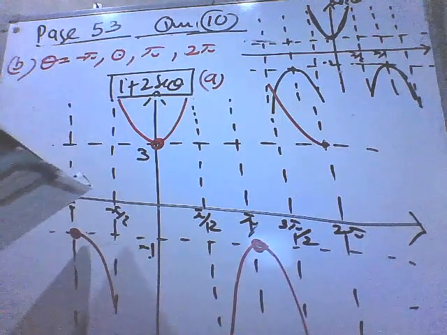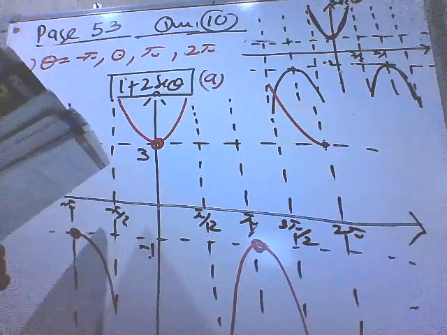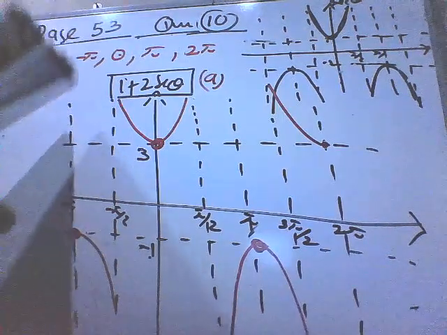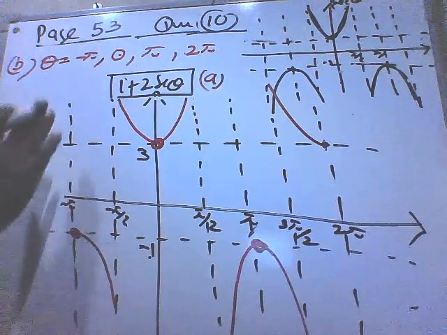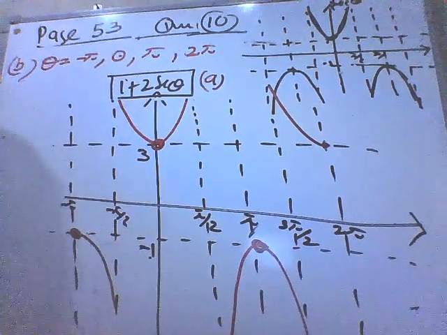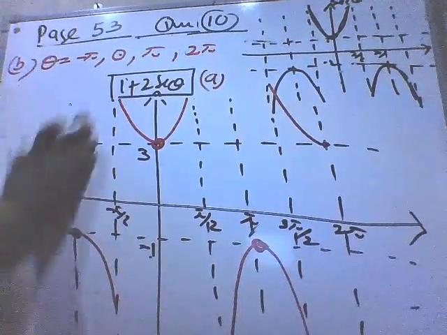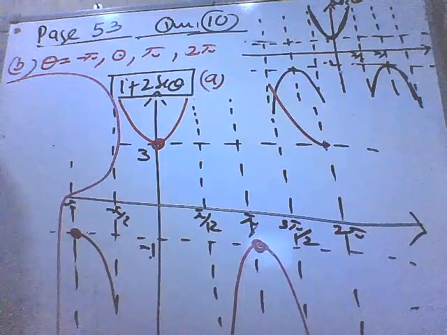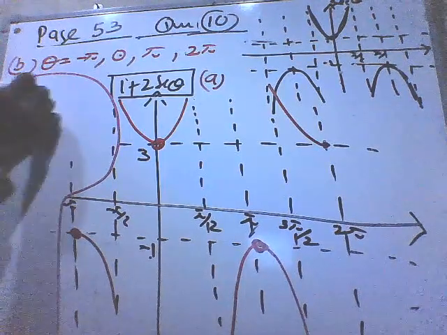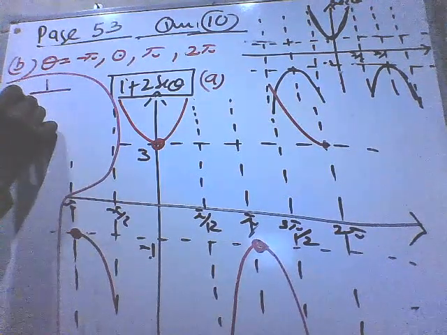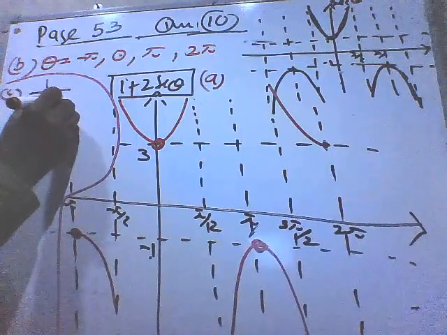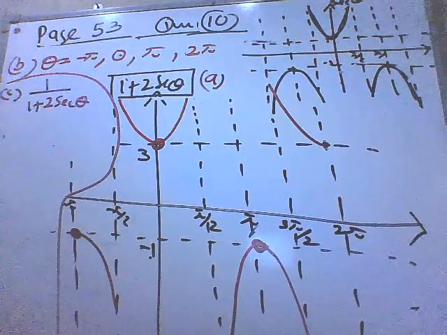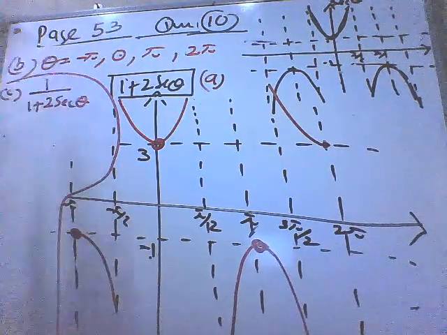And another thing, now they say deduce the maximum and the minimum values of the reciprocal. Although this looks like a difficult question, it is easy, right? I will do that part here. So here what we have to consider is 1 over 1 plus 2 sec theta, the minimum and maximum values of this, right?